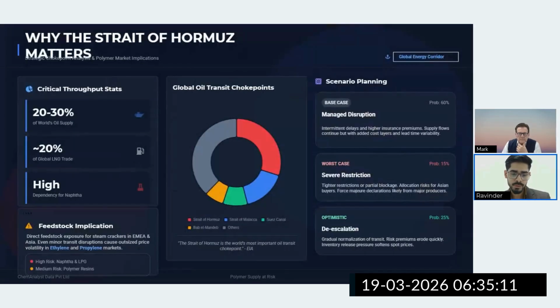Now let's go further. As we know already, the Strait of Hormuz is one of the critical choke points, followed by others like Malacca, Suez Canal, and Bab al-Mandeb, and this conflict has already threatened two of them, including the Strait of Hormuz and the Bab al-Mandeb Strait.